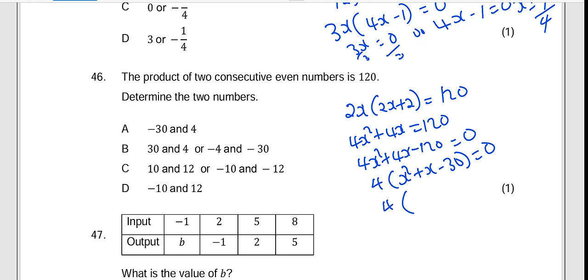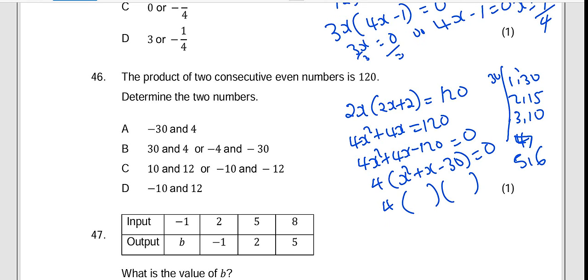And then I will factorize here. What are the factors of 30? 1 and 30, 2 and 15, 3 and 10, 4 and what? The 4 doesn't go into 30. It's 5 and what? And 6.